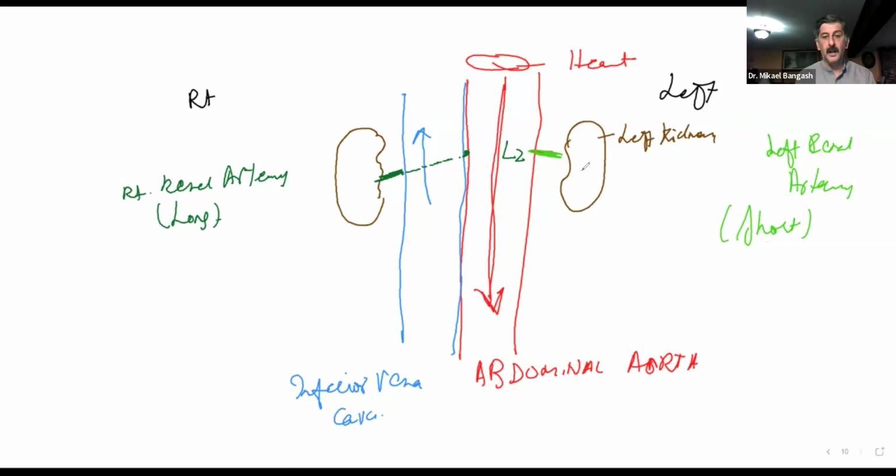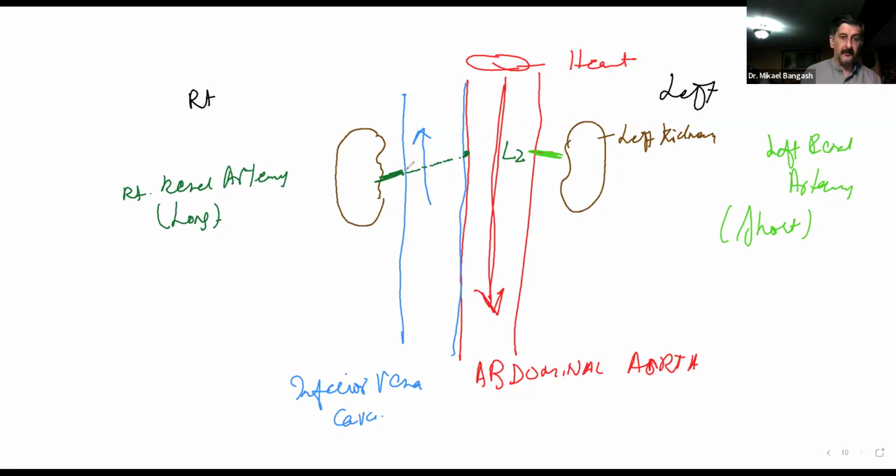Why would the left renal artery be short? Well, the artery branches off the aorta, but the left kidney is right there. Why is the right renal artery going to be longer? Because it has to pass across the width of your inferior vena cava to reach the kidney. So that makes it long.